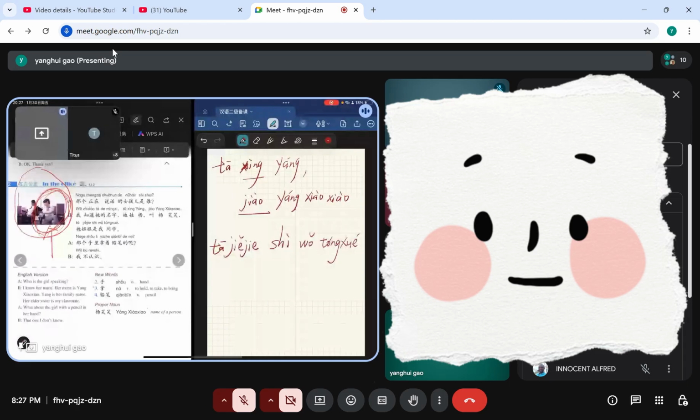You can say 她的姐姐 or 她姐姐. 同学 is classmate. So 她姓杨, 叫杨笑笑, and 她姐姐是我同学.